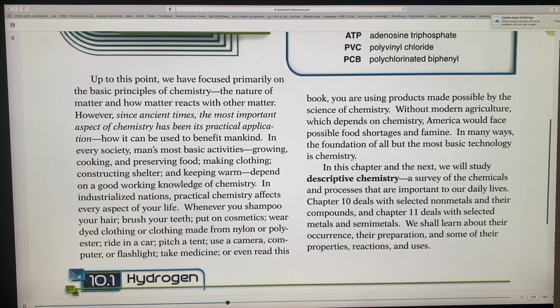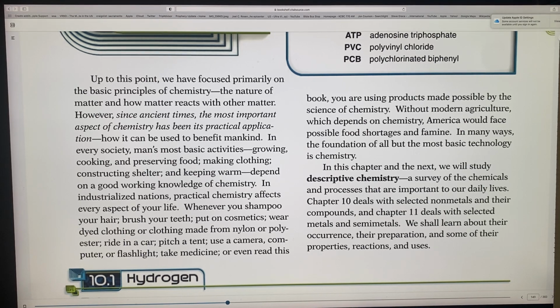So first of all, before we go on to the element of hydrogen, we need to know really what these elements are, how they apply in our lives and affect our aspect of life. So we're going to be talking about descriptive chemistry, which is a survey of the chemicals and processes that are important to our daily lives. We're going to see how hydrogen affects us.